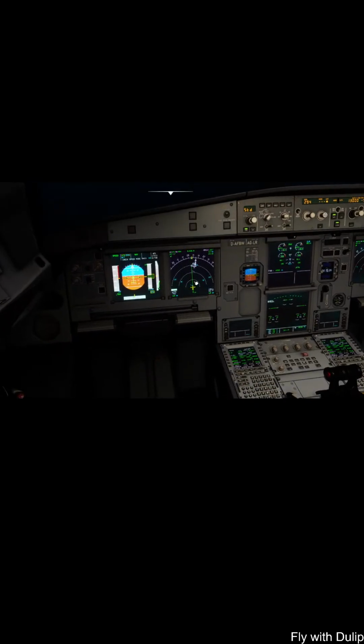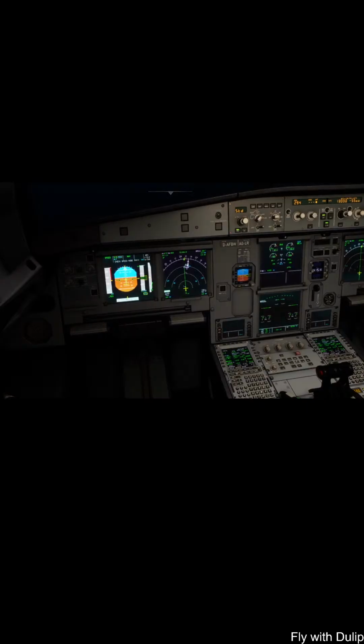For Mike 503, we have around 270 nautical miles. So let's quickly descend. This is a very high speed approach. When it comes to Sri Lankan aircraft, I have seen that most of the time they are descending very fast.